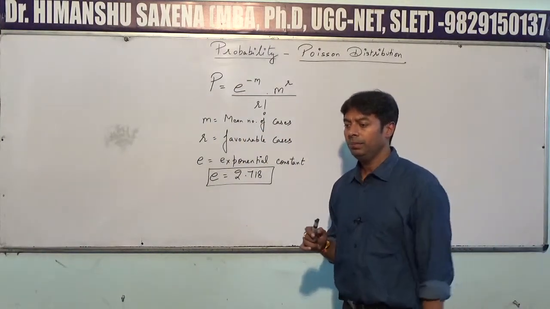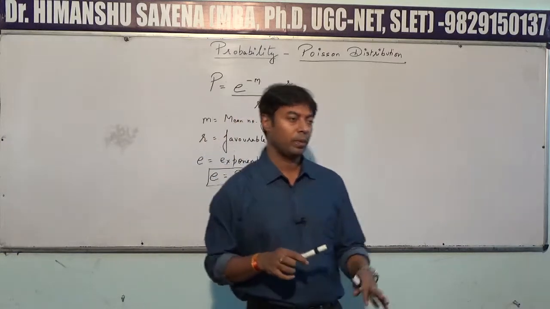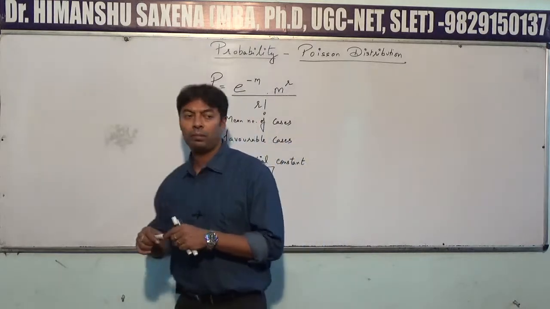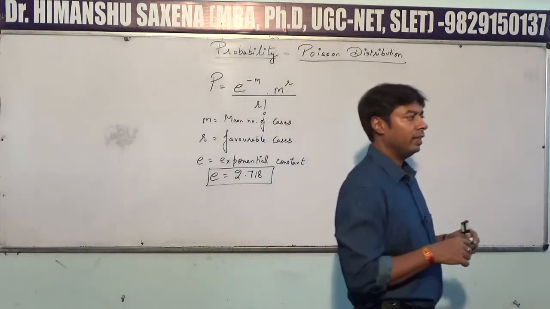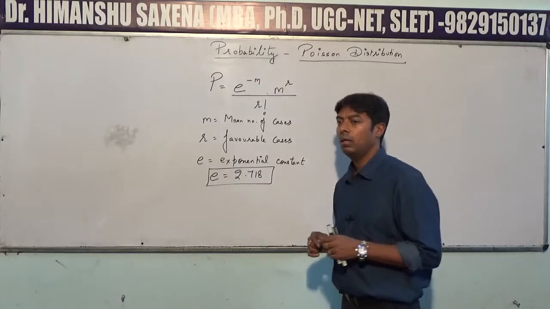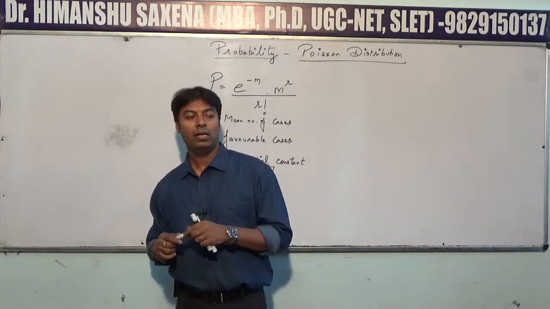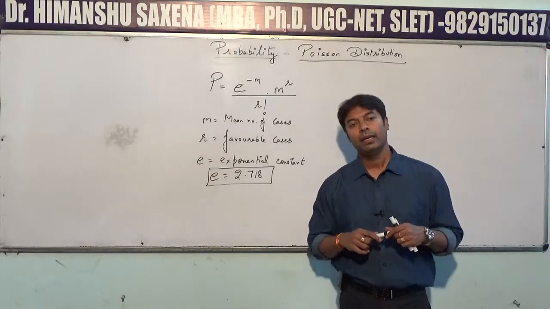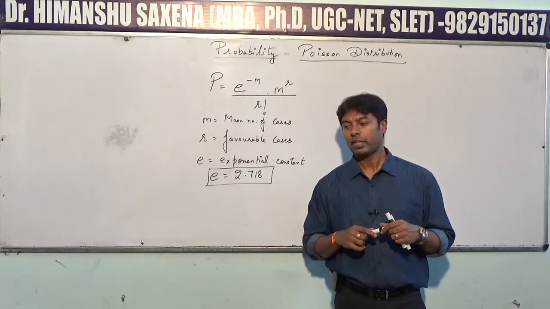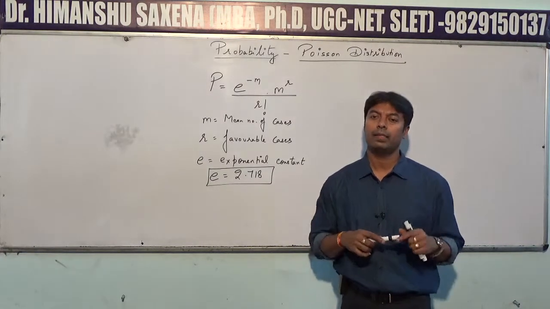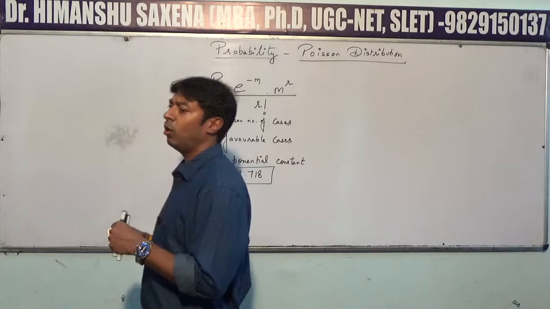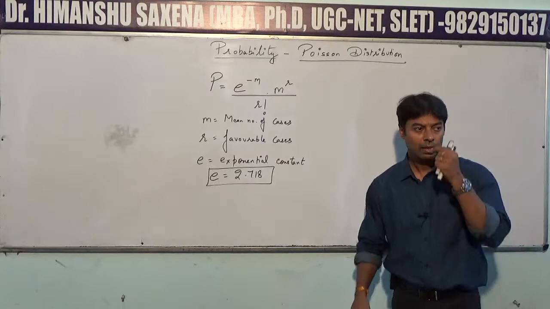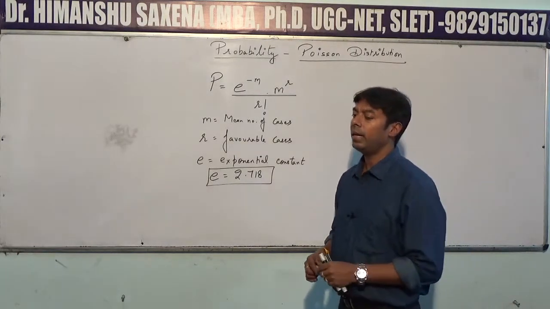Now take down a problem. With the help of an example, I'll explain what this Poisson distribution is all about. So write down a problem. On an average, 5 birds hit the Washington Monument and are killed every week.